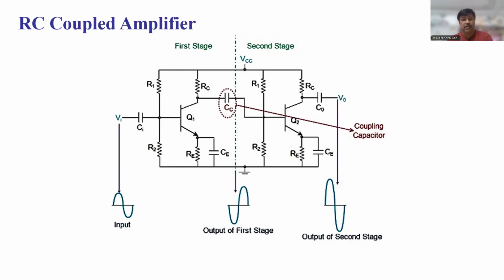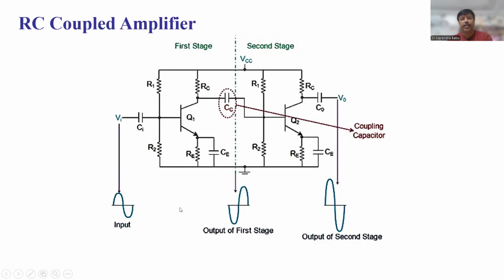When an AC input signal is applied to the base of transistor 1, it gets amplified and appears at the collector load RL, which is passed through the coupling capacitor CC to the next stage. This becomes the input of the next stage, whose amplified output again appears across the collector load. Thus the signal is amplified stage by stage.